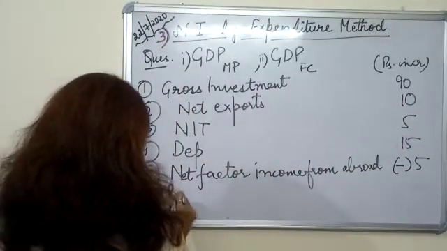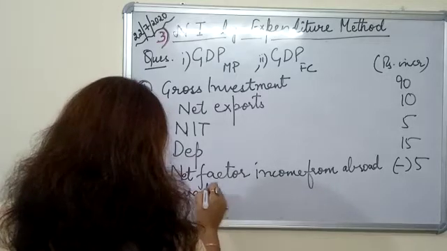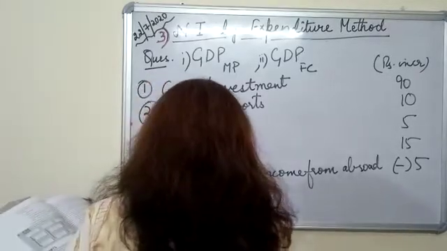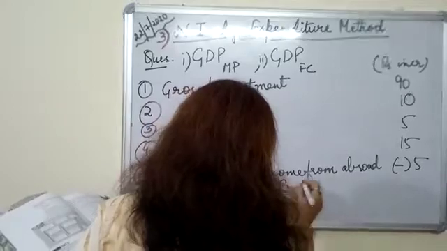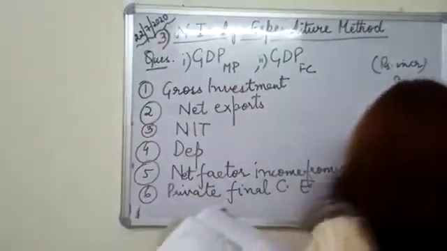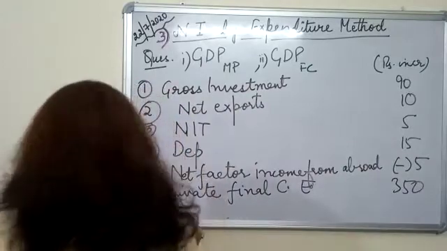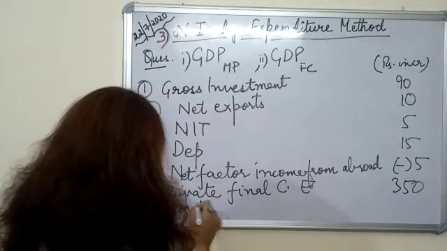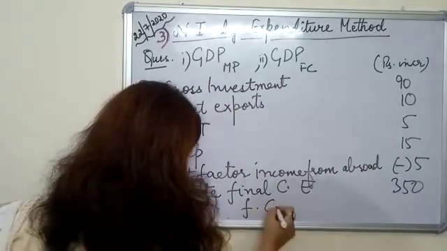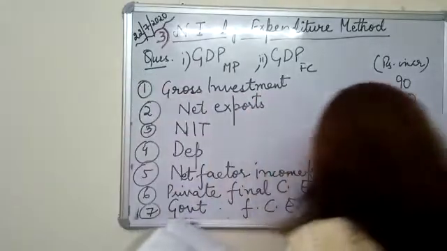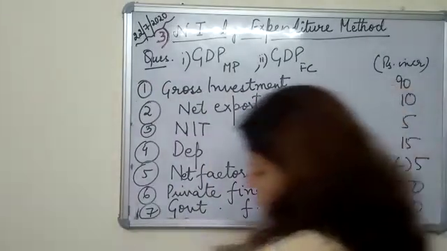Sixth, private final consumption expenditure is given as 350, and the other thing which is given to you is government final consumption expenditure, which is given in the question as 100.